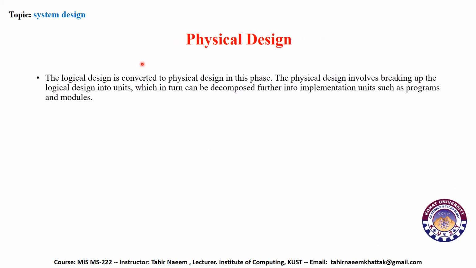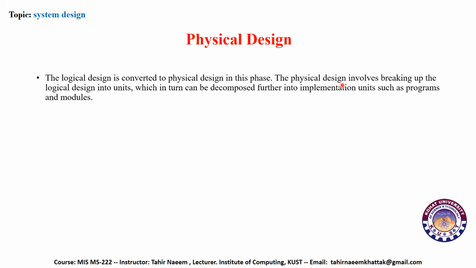Physical design is basically the actual design of the system. The logical design is converted into physical design in this phase. So in this phase, whatever we studied in the previous slides is converted into tangible objects or into a usable format.